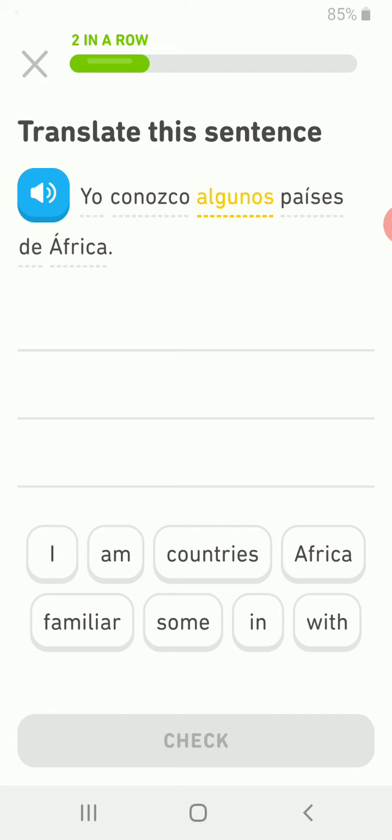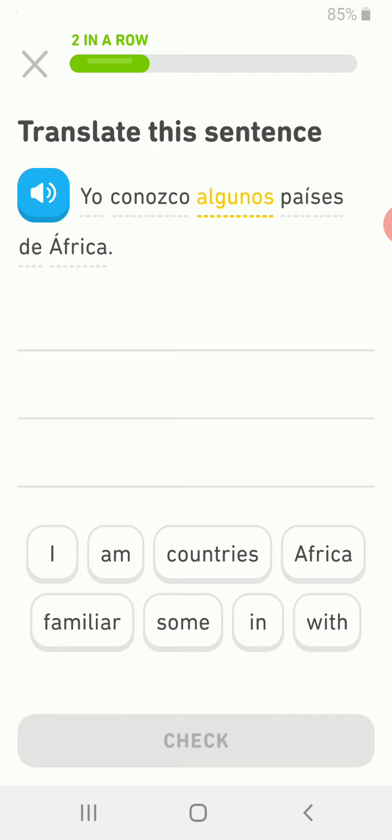Aquel means also that, but there are some nuances. So I know some countries from Africa. País de África. African countries. Yeah.